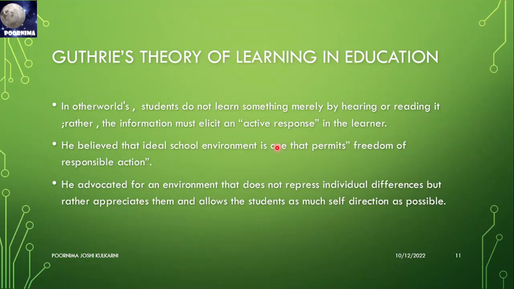He believed that the ideal school environment is the one that permits freedom of responsible action. Freedom of responsible action means freedom should be there, not about behavior, but about the studies. For example, in a lesson there was a story where grandma is telling a story to the little boy who is going to school, who was in first standard.